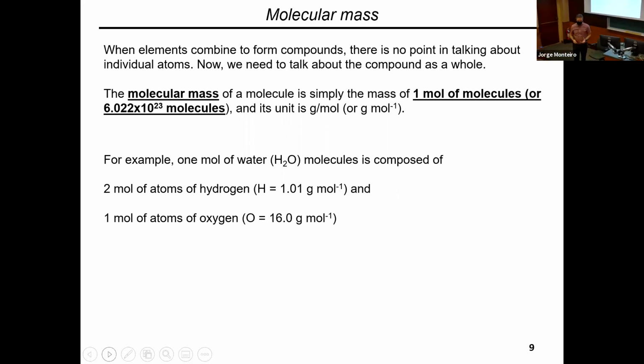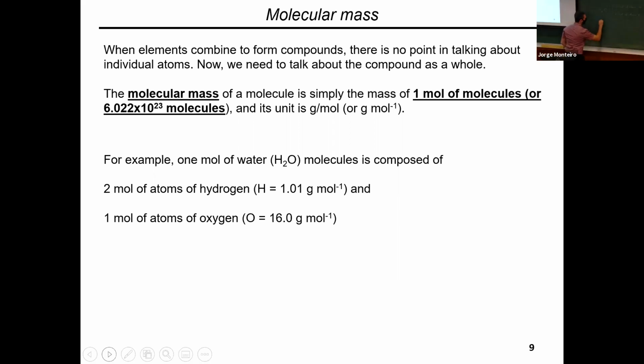So now imagine that I toss 2 moles of atoms of hydrogen and 1 mole of atoms of oxygen in a bag, and I want to know the molecular mass of the compound or the weight of the bag. Each individual atom will contribute to the whole mass, and we know from the periodic table that the molar mass for hydrogen is 1.01, and for oxygen is 16.